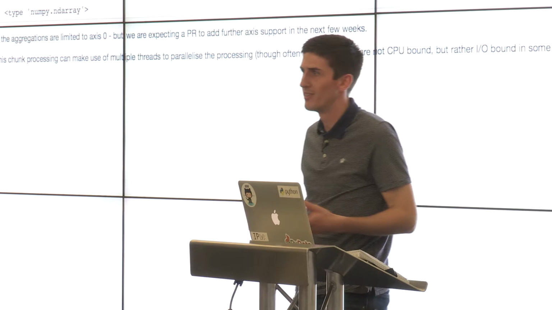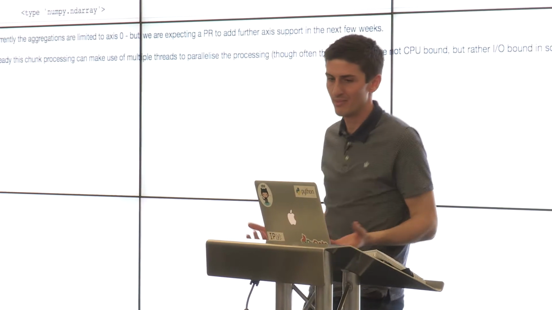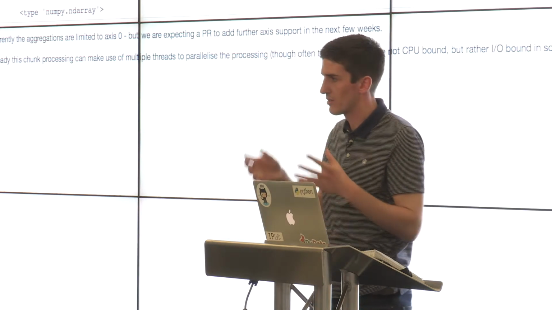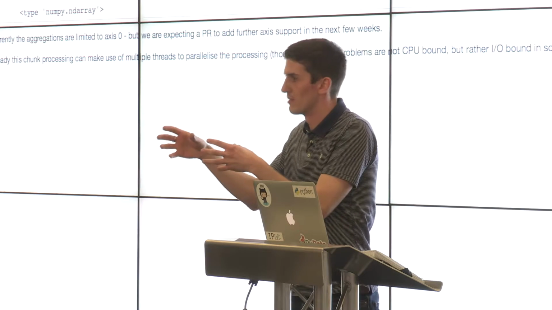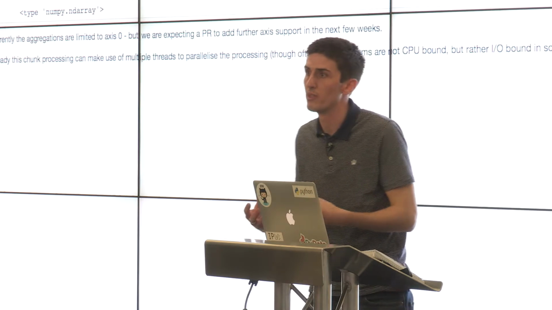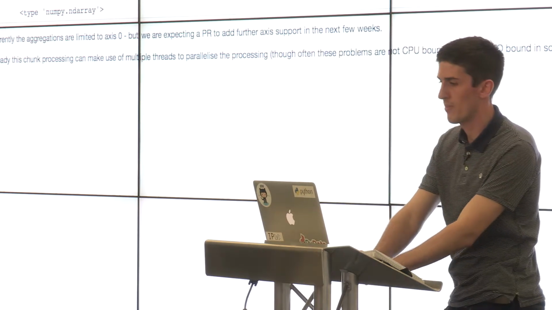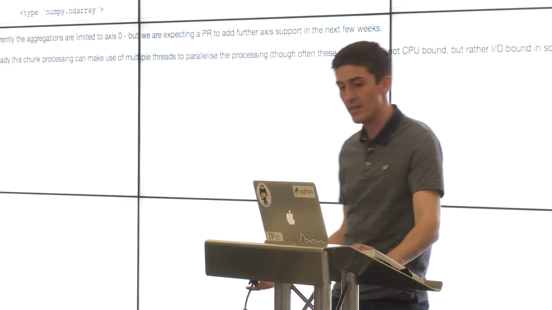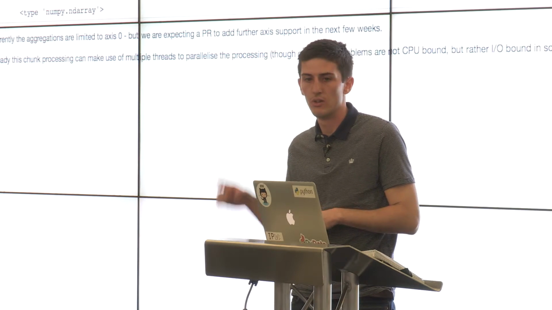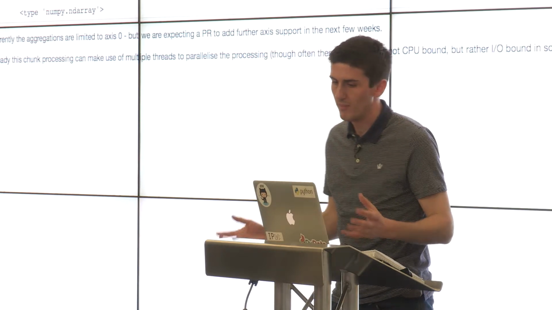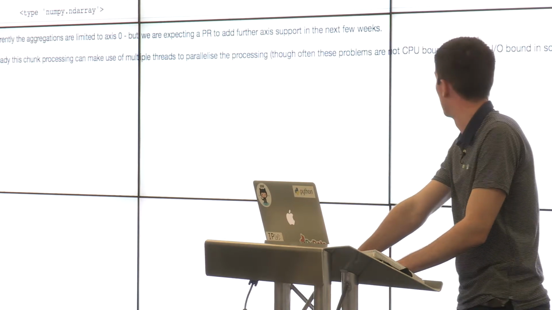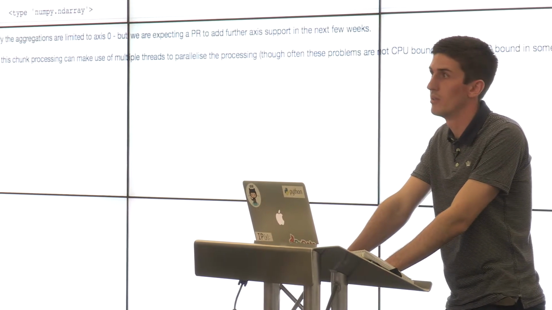It's quite hard to show you this doing magical things on a laptop in real time, but it really is chunking your arrays into smaller components, doing the operations, and then aggregating it all back together and giving you results. I should add, we have an engine already which is doing this chunk processing on multiple threads, but we're not going to see massive performance benefit because they're often not CPU bound, they're more I/O bound.